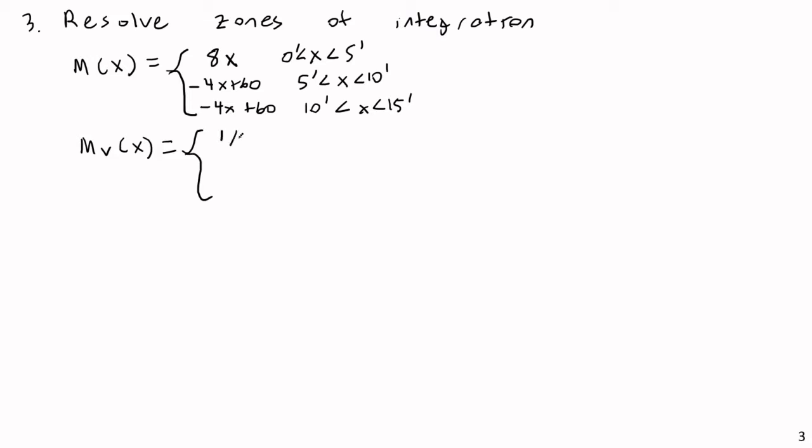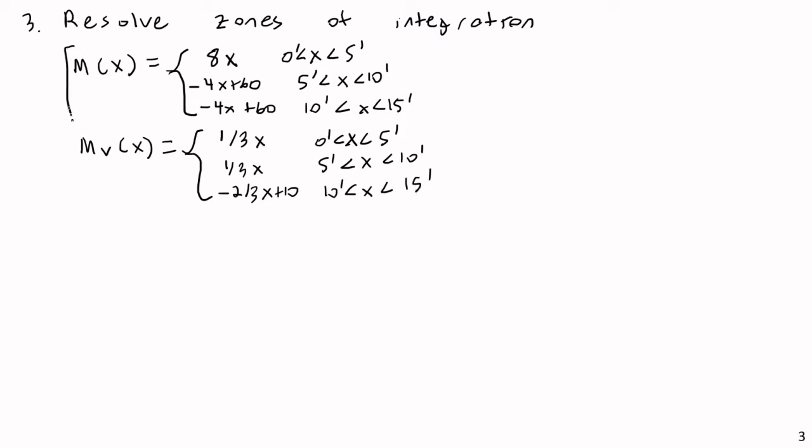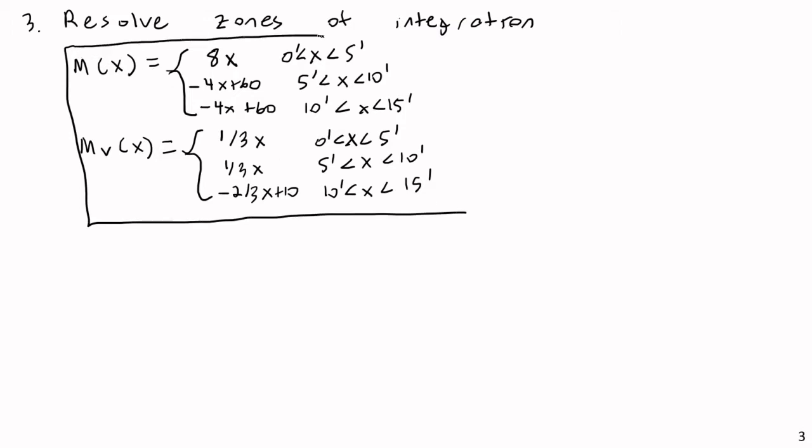So I'm going to have one zone of 1/3 x from 0 to 5, another zone with the same value from 5 to 10, and the final zone that is distinct, negative 2/3 x plus 10, between 10 and 15 feet. And now we finally have our complete and compatible expressions for both the real and the virtual moment.